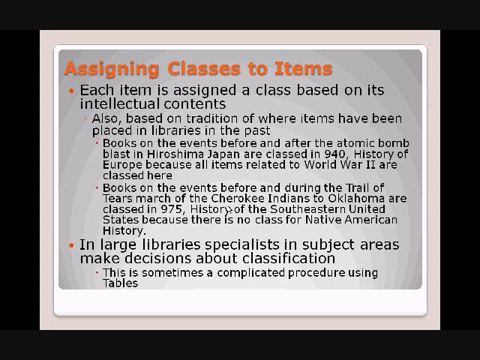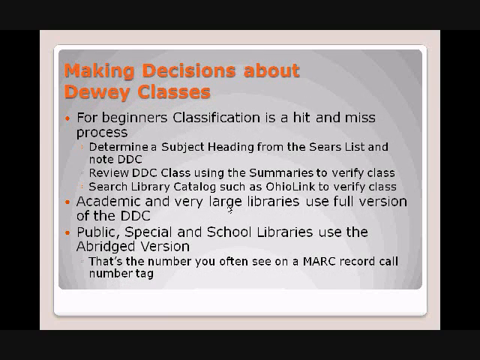What you must do is first determine the subject heading of the item from the Sears list, because the Sears list has actually assigned Dewey classifications based on the Sears subject heading, so it makes our work a lot easier. So we go to Sears, we think about what is the appropriate subject heading for the item.